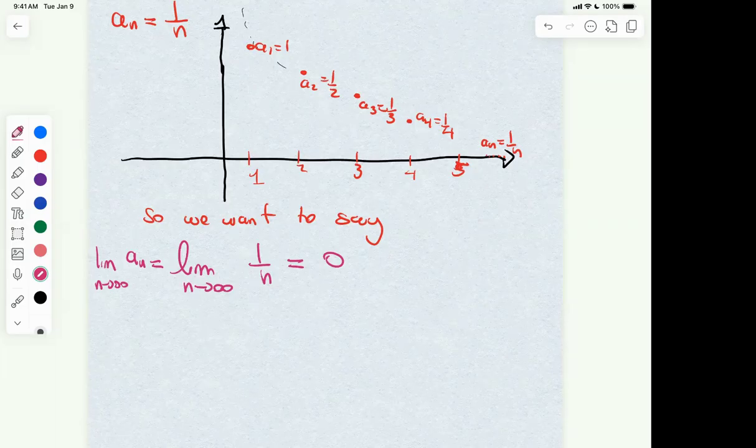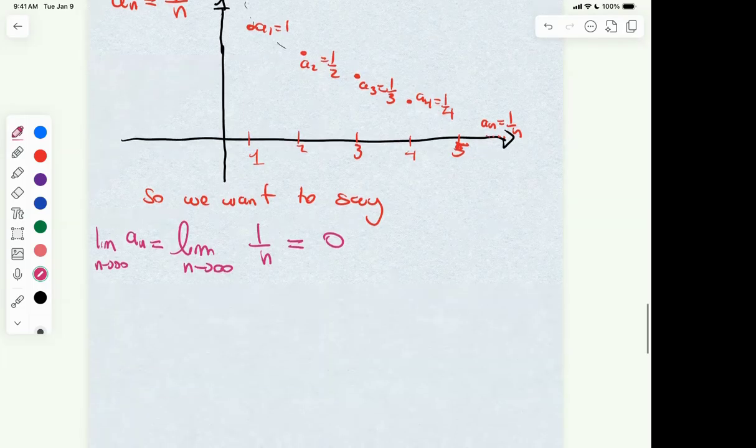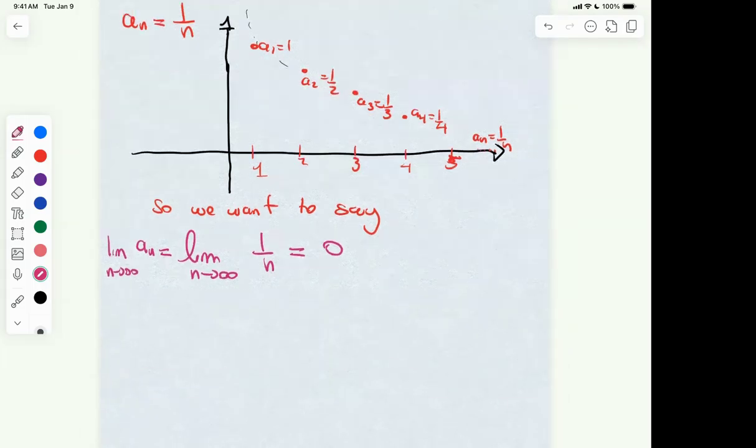Here's one way. Let me answer your question without going into the actual definition. This is what is called the epsilon delta definition of a limit.